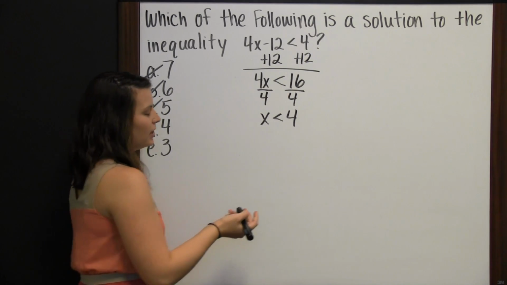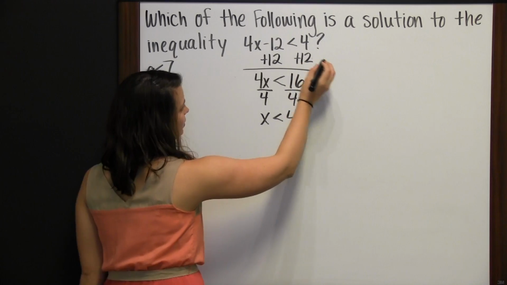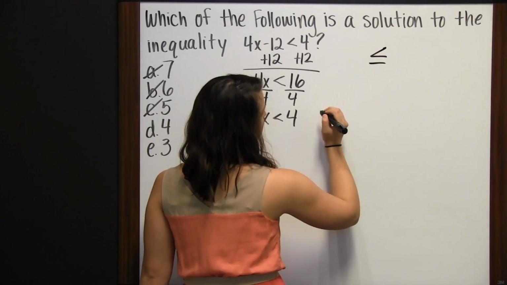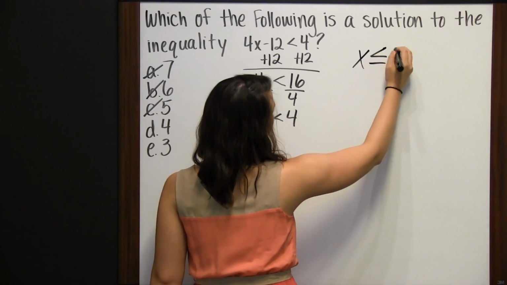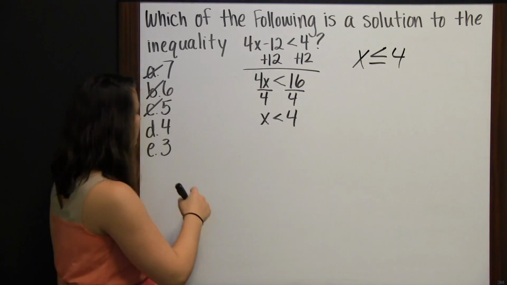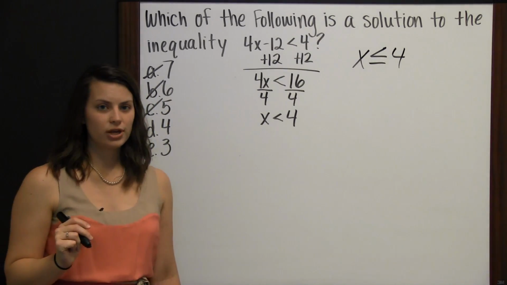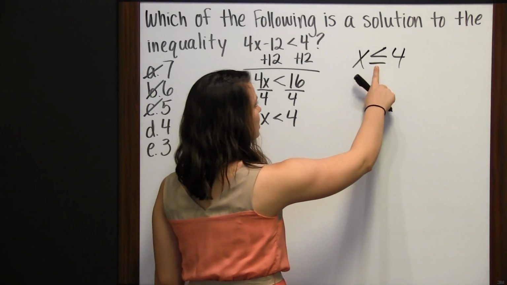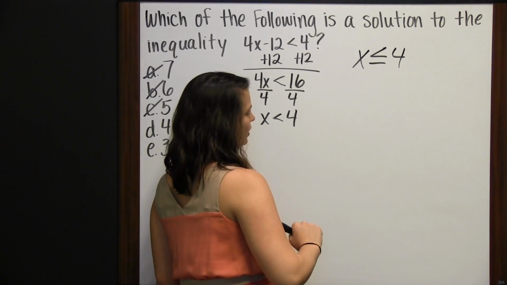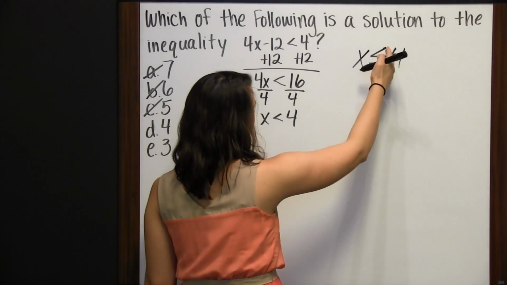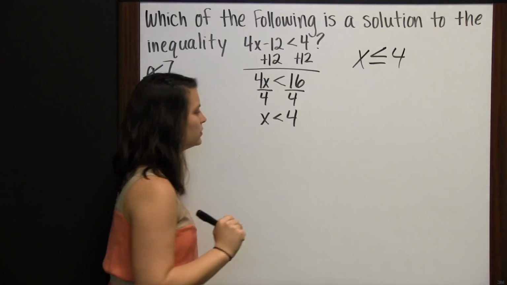No. If this were a less than or equal to sign, if it said x is less than or equal to 4, then yes, 4 would be a solution because 4 is equal to 4. And it only has to be one, either less than or equal to.